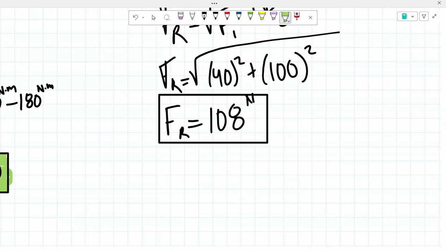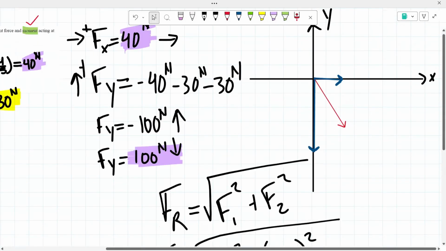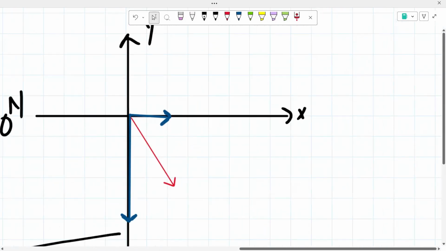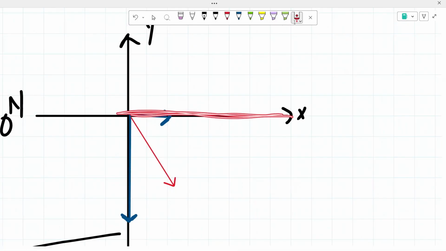But remember that when it comes to a resultant force, we also have to find the direction of that resultant force. So we're not done. We found the magnitude of the resultant force, but now we also have to find the direction of that resultant force. So if you could see here, we always want to start off with our positive x-axis. So what I'm going to do is I'm going to be finding our direction going counterclockwise from that positive x-axis.